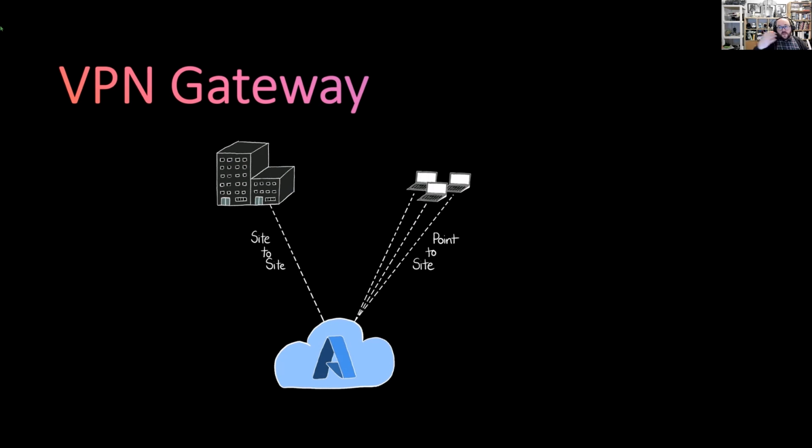So moving on to the VPN gateway. Whilst you have all your resources sat in Azure, and it's all well and good that they can talk to each other, how do you talk to those resources if they've got private endpoints and they're not internet facing? This is where a virtual private network, or VPN, comes in, and Azure has a service called Azure VPN Gateway.